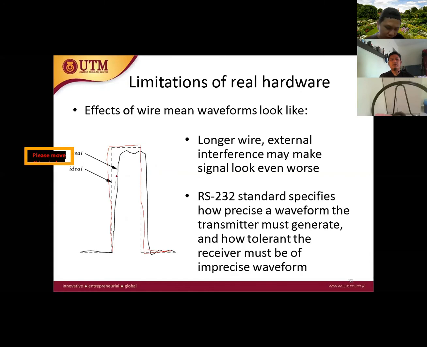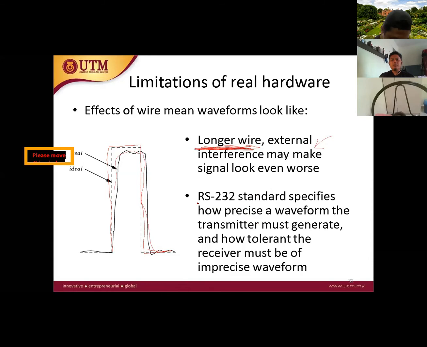There will be noise. So that's why we need to avoid using a very long wire, because with a long wire there's a higher possibility for noise to come into the system.